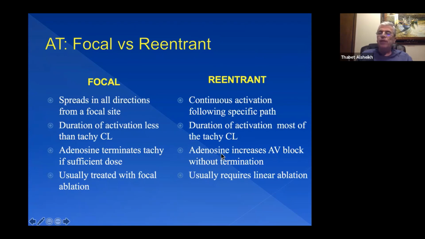In case of reentry, it only blocks the AV node and allows us to see the flutter waves or the reentrant atrial activity underneath by stripping the QRS and the T waves away. In focal atrial tachycardia, we usually treat with focal ablation, limited area ablation. Reentrant tachycardia, we usually require linear ablation.